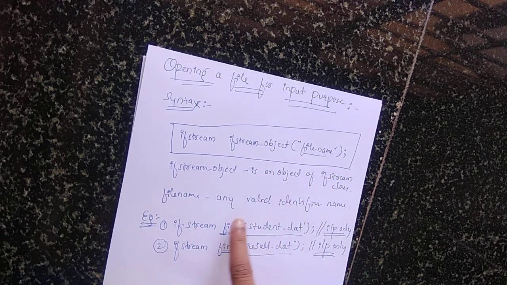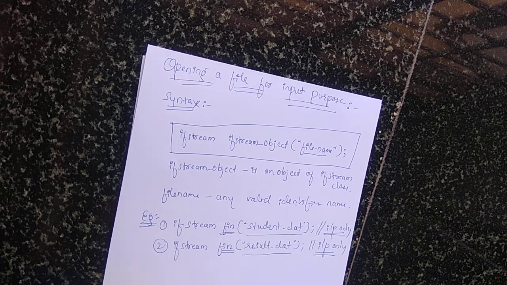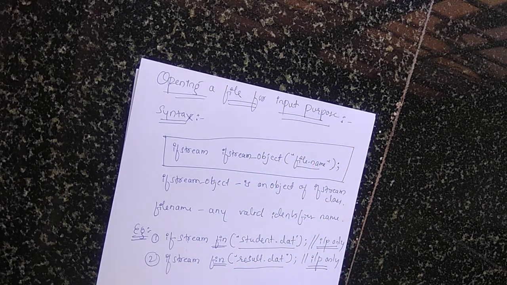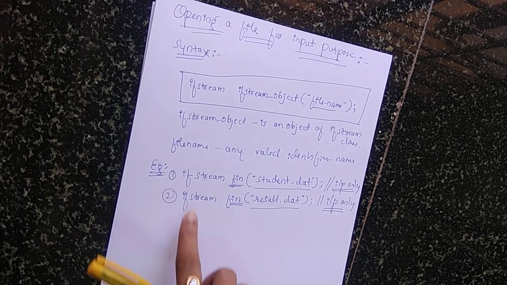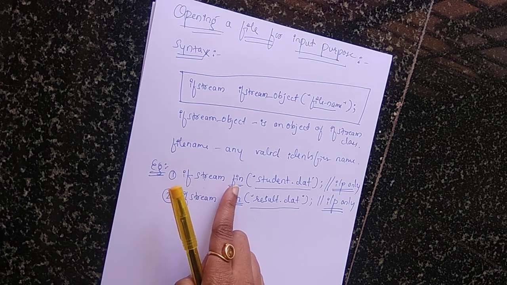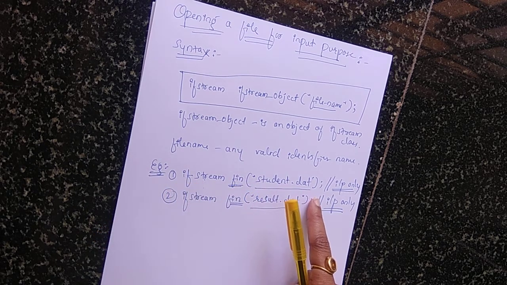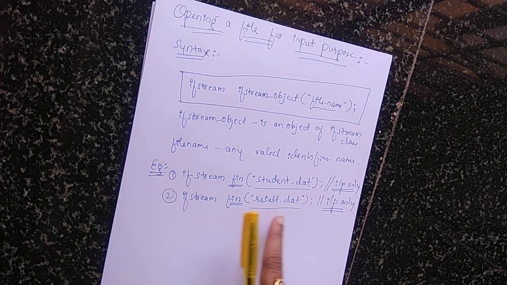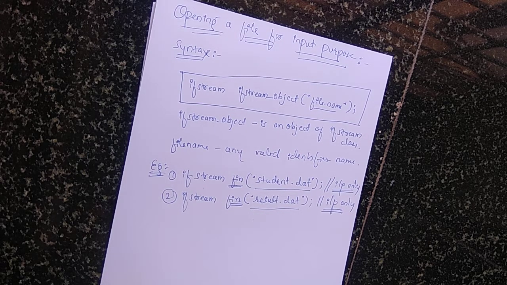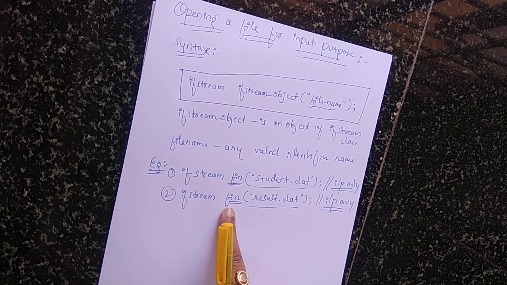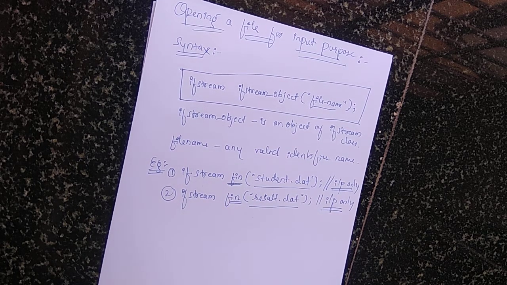And file name is any valid identifier name which we are opening for the input purpose. The examples we had written: ifstream fin("student.dat"), ifstream fin("result.dat"). So respectively, both the files, student.dat and result.dat, are opened using the fin object of the ifstream class for only input purpose. Clear?